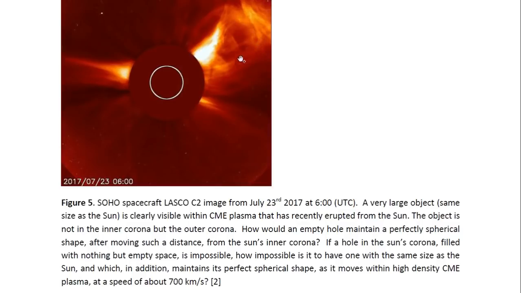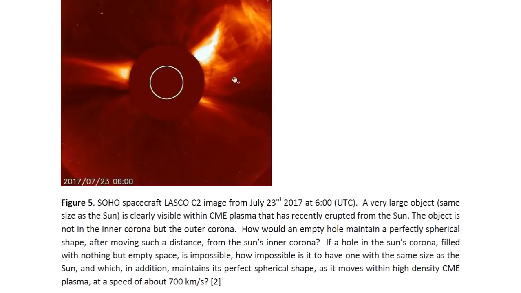If it was a bubble formed within the CME, it would not remain circular, because it just could not. There would be pressure from the outside, and as the movement of the corona would affect it, it would change shape. So this has to be a spherical object.